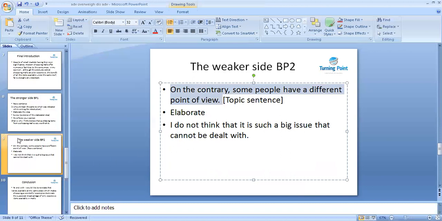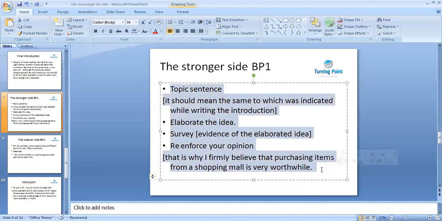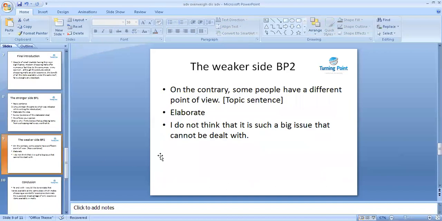Let us go to the previous slide. Over here, I said, or I meant that this is my opinion that shopping malls have a lot of advantages. But while writing body paragraph 2, we will show the examiner that this is not my opinion.